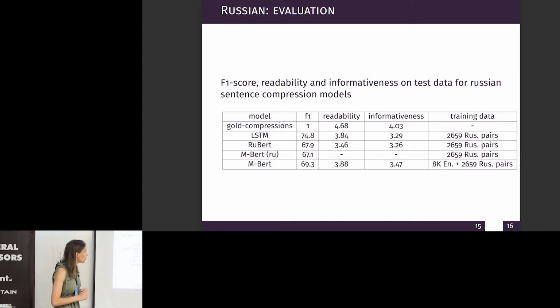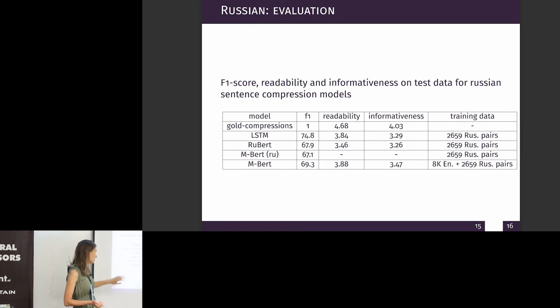And yeah, what we can see is that the higher F measure is for the baseline approach, long short-term memory, but actually the highest readability and informativeness we can achieve with multilingual BERT with transfer learning. So we see it again, higher F measure doesn't mean best compressions. And especially for the models which were not given any additional input.